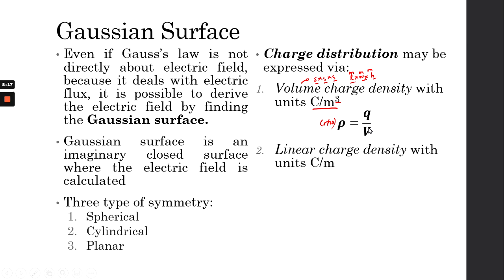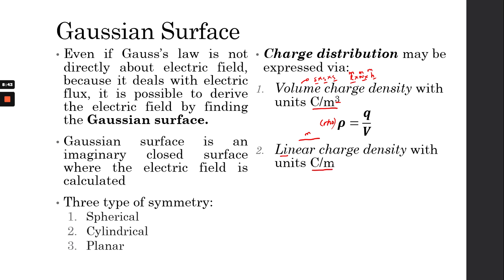Then there's what we call a linear charge density. From the word itself, linear or line, we have a line of charges, and if we have a line, we can only measure that in terms of meters. Since it is only measured in meters, the units for linear charge density are coulombs per meter.